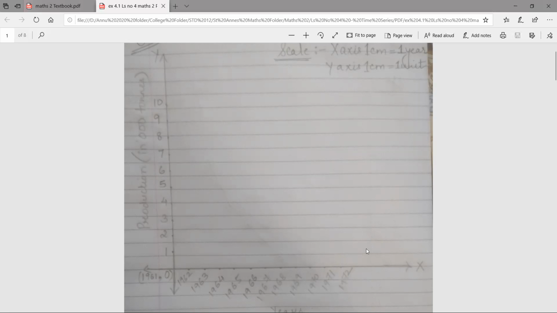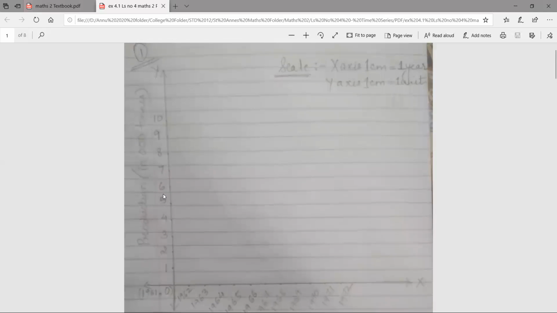I have drawn two axes first, that is the x-axis, which is a horizontal line, and the y-axis, which is a vertical line. After that, take exact 1 centimeter from your scale and plot the points on both the axes. After putting that, name them properly.